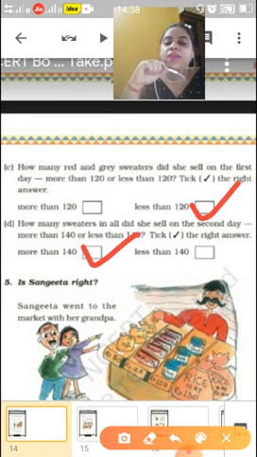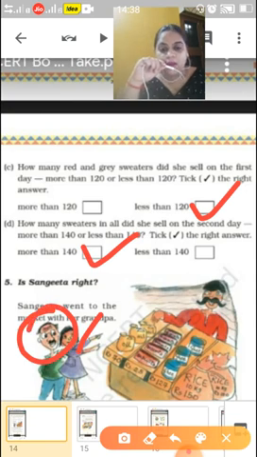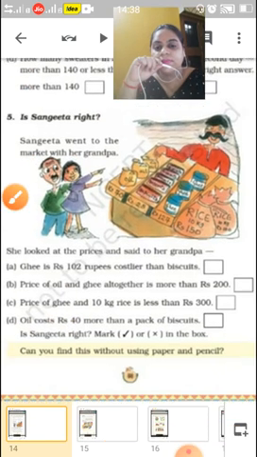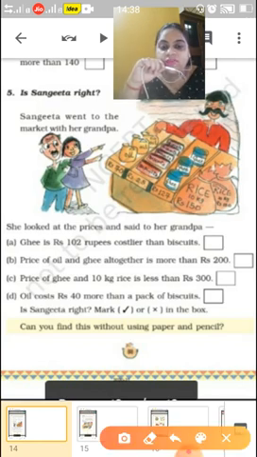Now next, Sangeeta. Sangeeta went to the market with her grandpa. Okay children. Now some costs are written on the things, you have to verify.